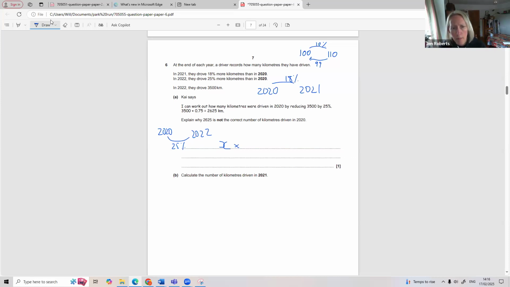You're timesing it by 1.25 because that's the multiplier to get 3,500. So what you should be doing to work out the answer is dividing 3,500 by 1.25. That's why that one's not correct.